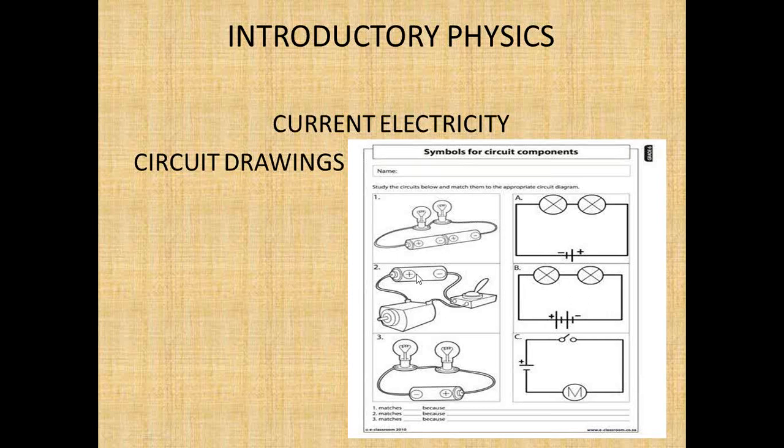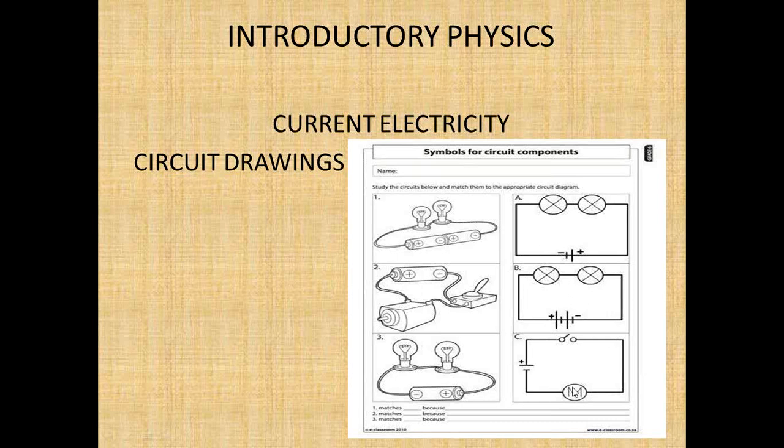Let's look at this one. All right. So with this circuit now, you have one cell. You have an electric device right here, a motor, and you have a switch. So this one, you have one cell, the positive terminal and the negative terminal.